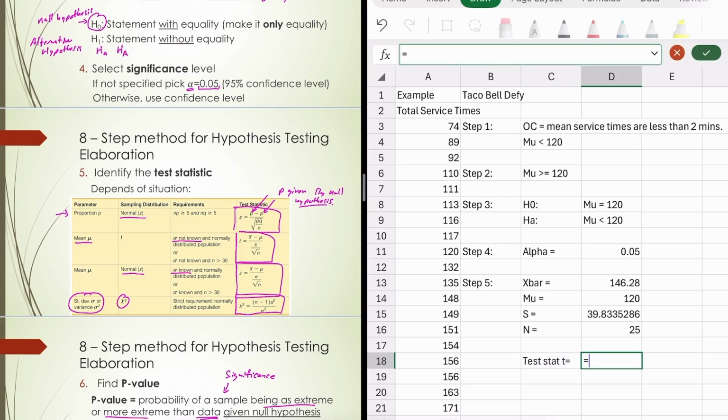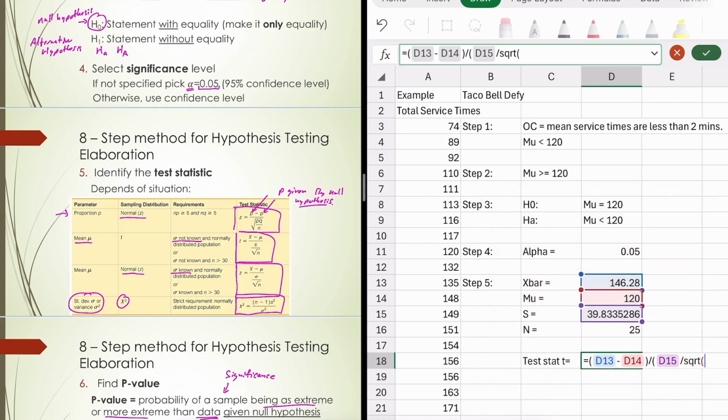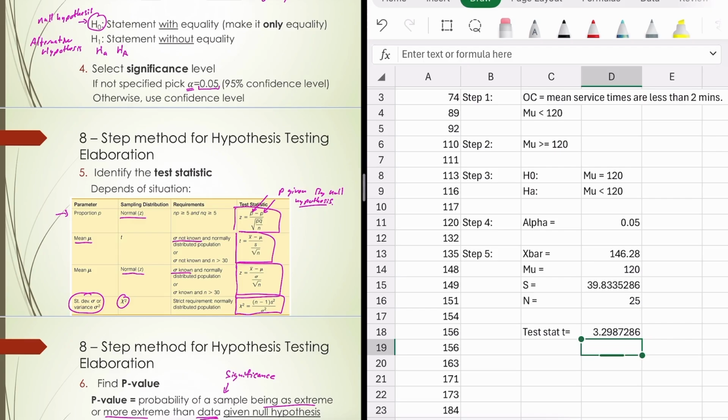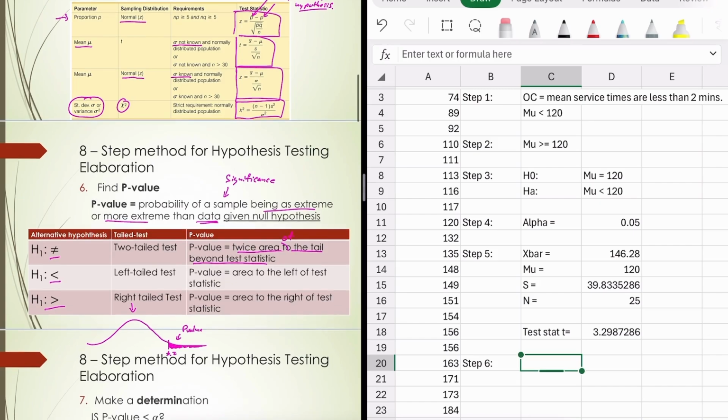Now it's time for me to do my test statistic. T equals x bar minus the mean, divided by s divided by the square root of n. Press enter, and there's my test statistic. That concludes step 5. Now, let's find the p-value.